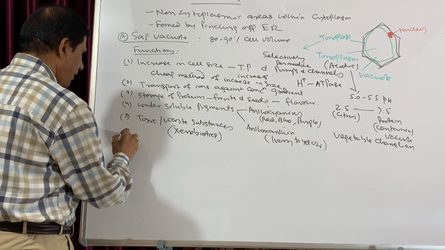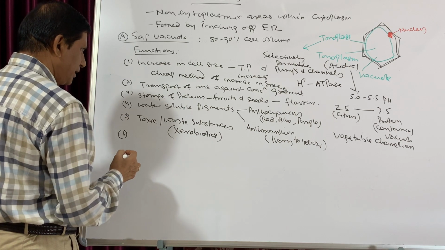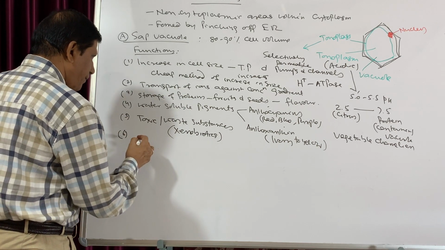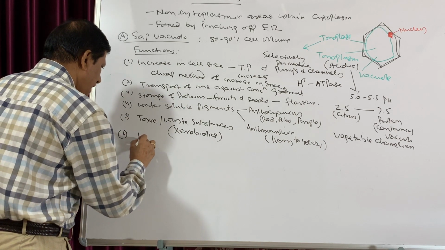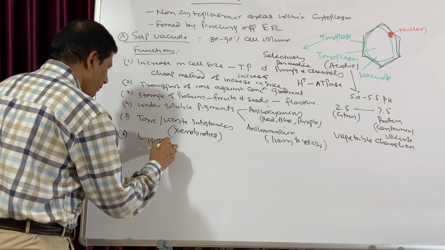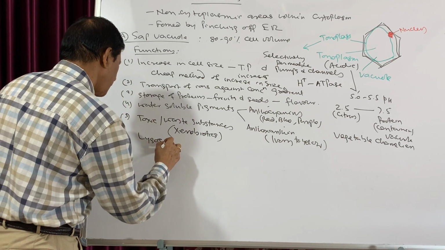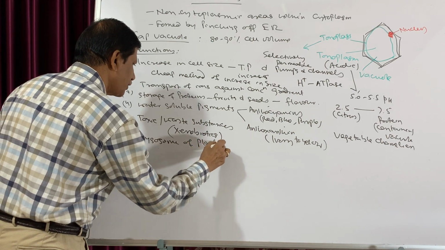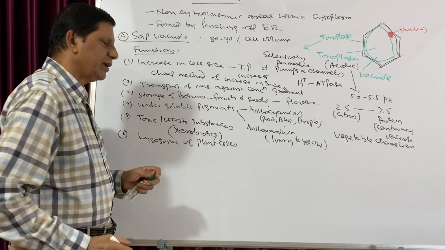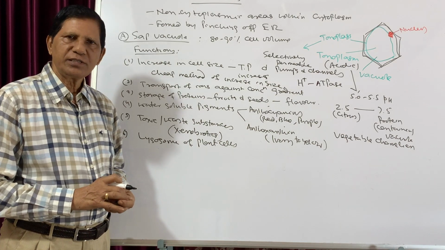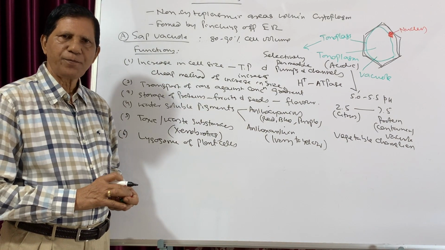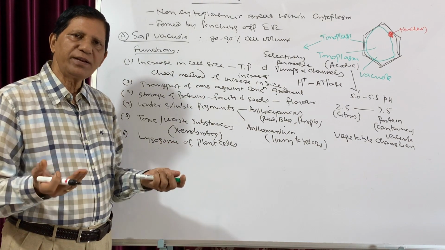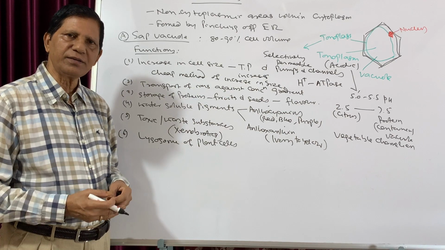Then another important function is that it functions as the lysosome of plant cells. Lysosomes are present only in animal cells, they are not present in plant cells. Then where are the digestive enzymes of the plant cells present?